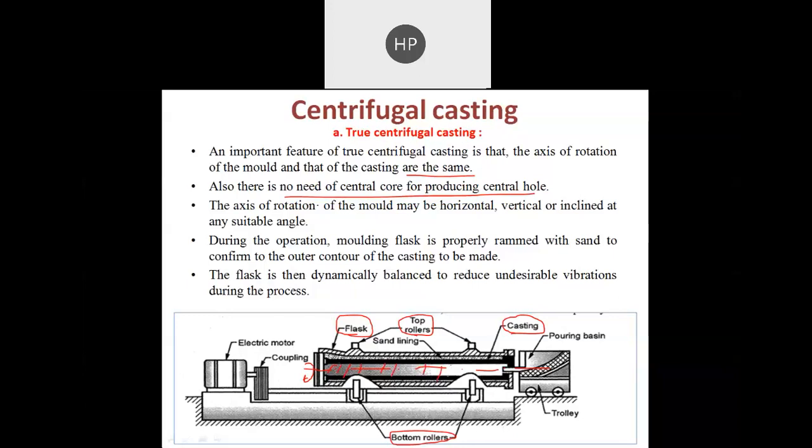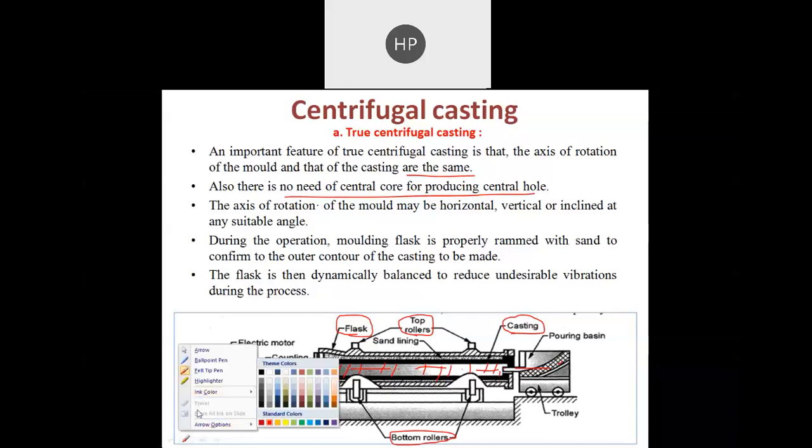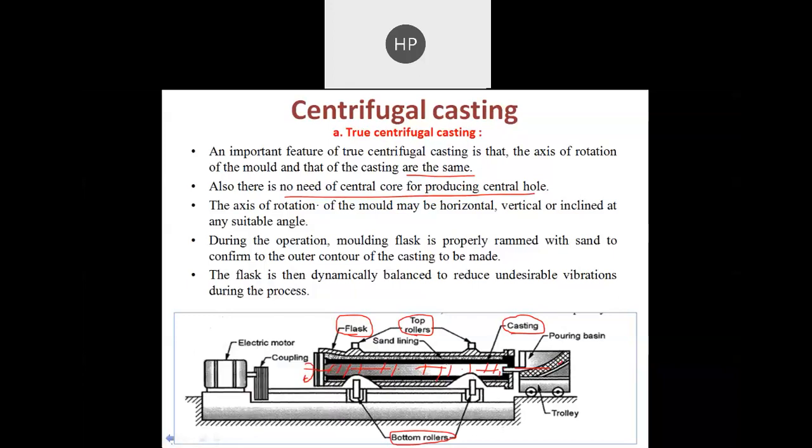It is automatically produced because of the centrifugal force, on the molten metal which we pour from this pouring inlet.